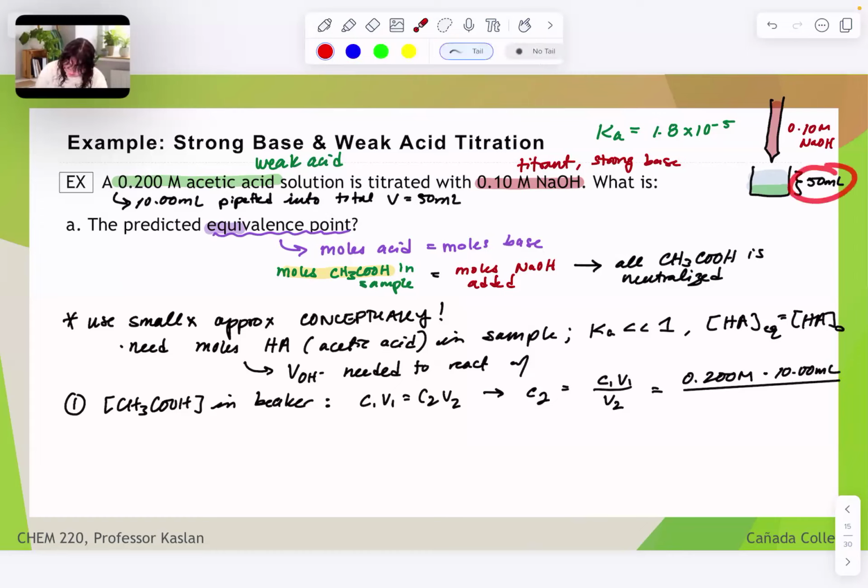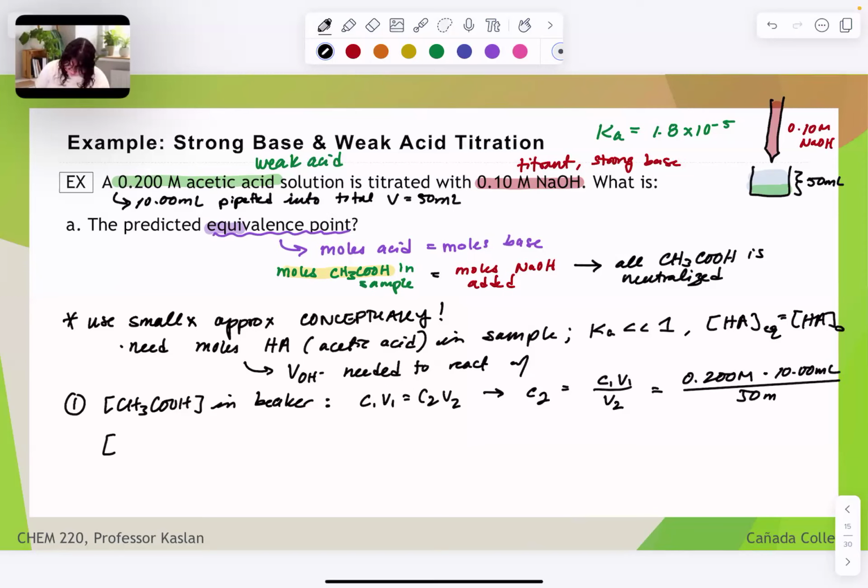So this is the total new volume. That's our 50 mL. Right. So this is 1/5 times 0.2, or 0.2 times 0.2, which is 0.04.